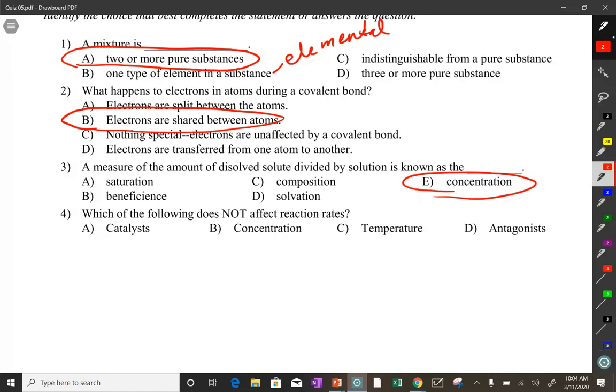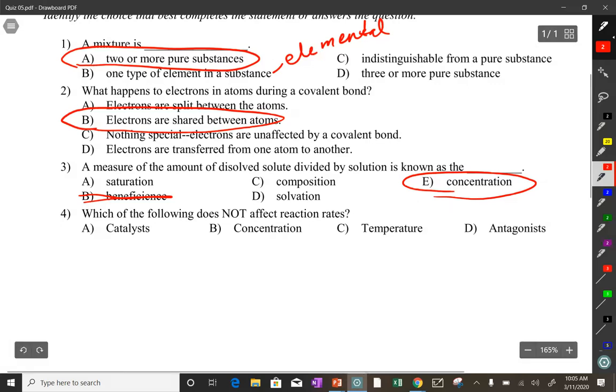So if you put in more, it won't dissolve. It'll just sink to the bottom essentially. When we have 100% humidity, we actually have a saturation of the concentration of moisture in the air. Beneficence, that is not related to chemistry. Composition is how much of this you have and how much of that you have. And solvation is just the process of making a solution.